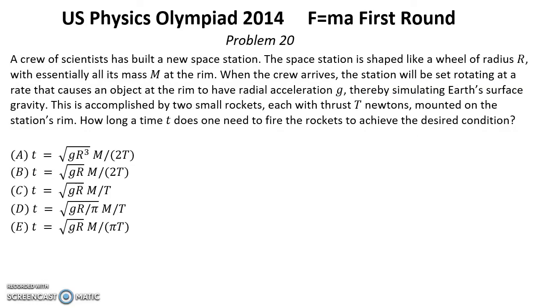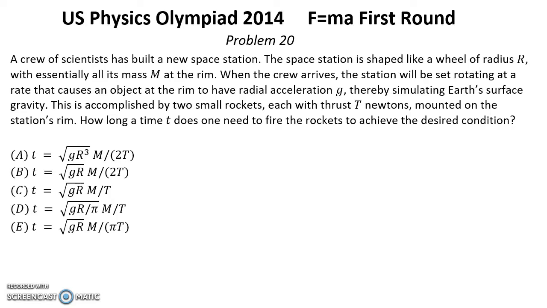Problem number 20. A crew of scientists has built a new space station. The space station is shaped like a wheel of radius r, with essentially all its mass m at the rim. When the crew arrives, the station will be set rotating at a rate that causes an object at the rim to have radial acceleration g, thereby simulating Earth's surface gravity.